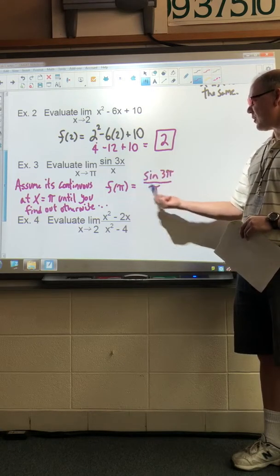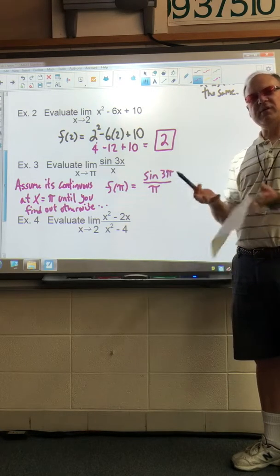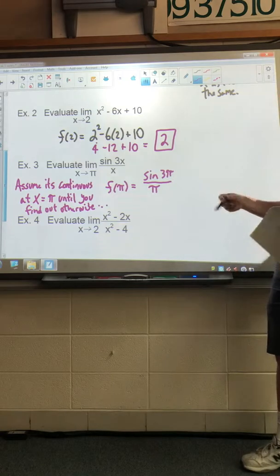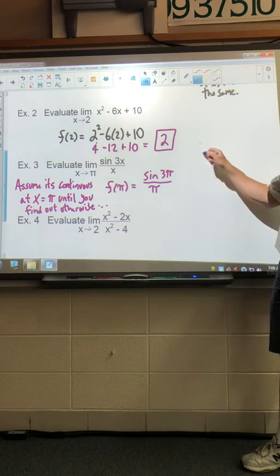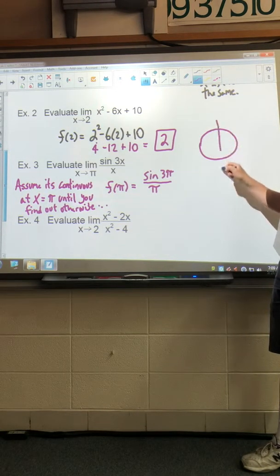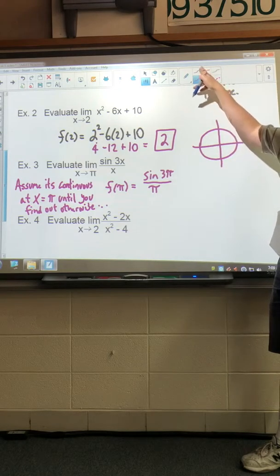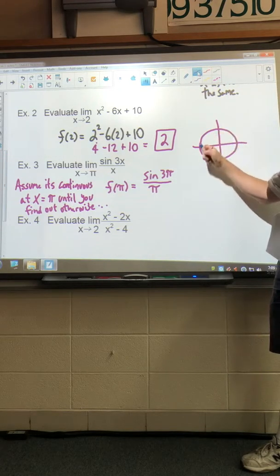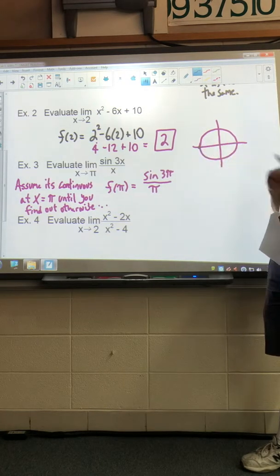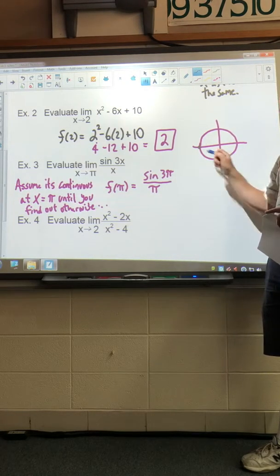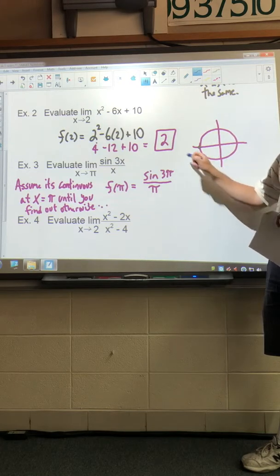So here's where all that trig stuff would come in a calculus problem. So the sine of 3 pi, not too tough. Pi, 2 pi, 3 pi, so we're talking about this spot on the unit circle.